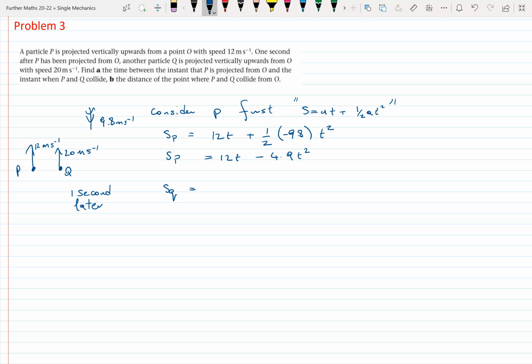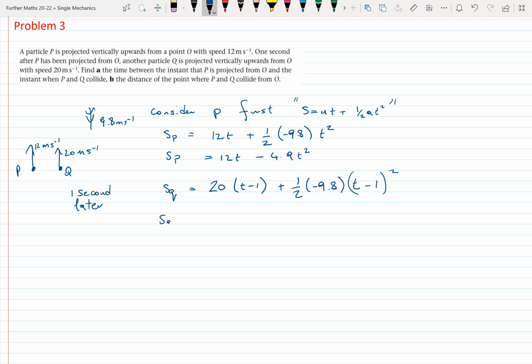So in this case, the formula will be 20 times the time that Q has travelled, which is 1 second less than the time that P has travelled. So that's 20 times (t minus 1) plus a half times minus 9.8 times (t minus 1) squared.